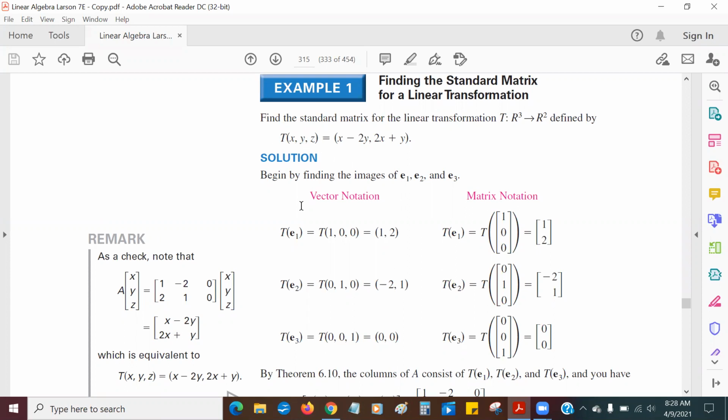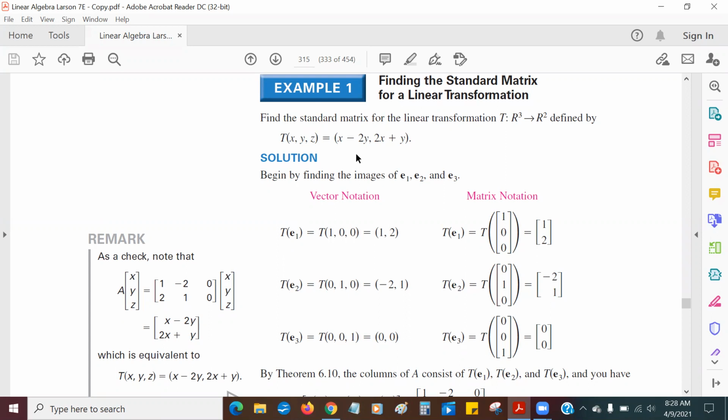Okay, so what is T of E1? Well, take E1, plug it into this formula here. You get 1 minus 0, 2 plus 0, which just gives us (1, 2). And what is T of E2?